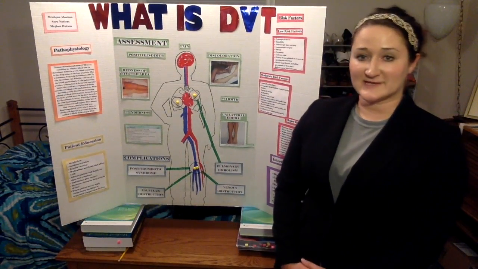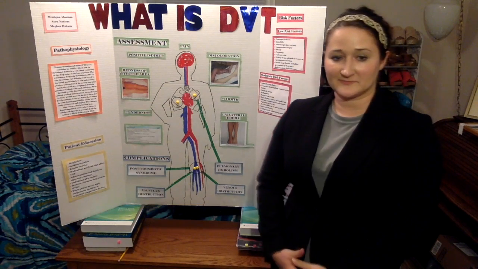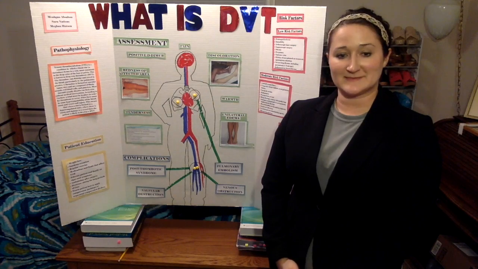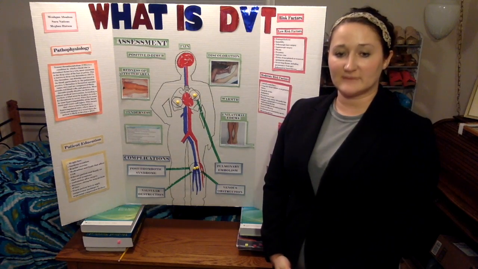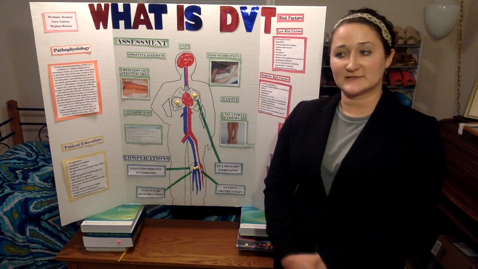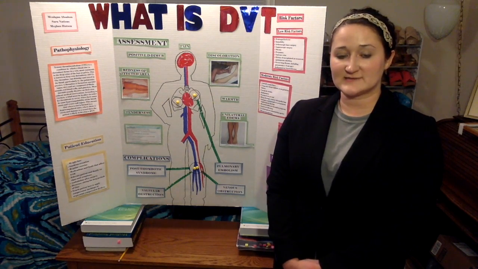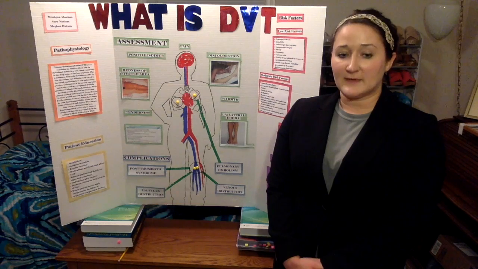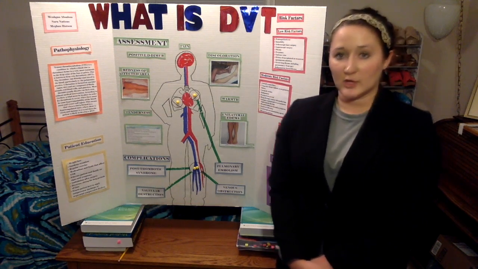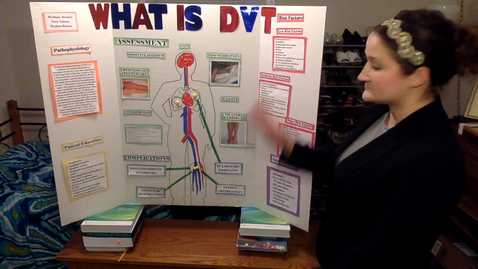Now we're going to discuss risk factors. According to the article Venous Thromboembolism, New Concepts in Perioperative Management, risk factors for deep vein thrombosis are divided into three categories: low, moderate, and major. The following are low risk factors.